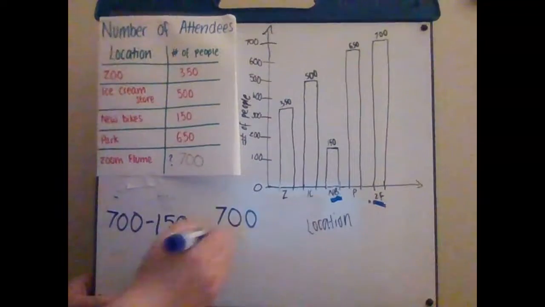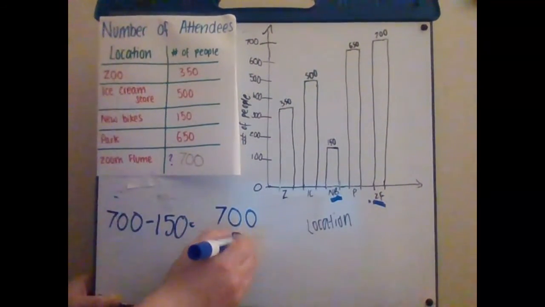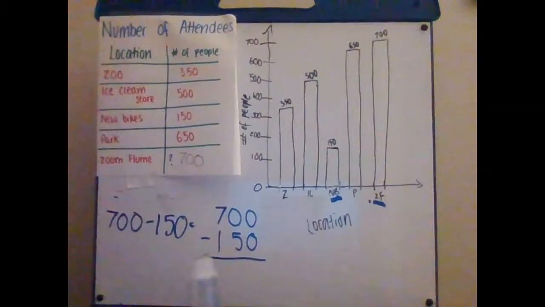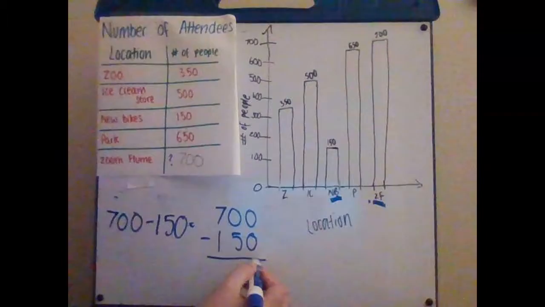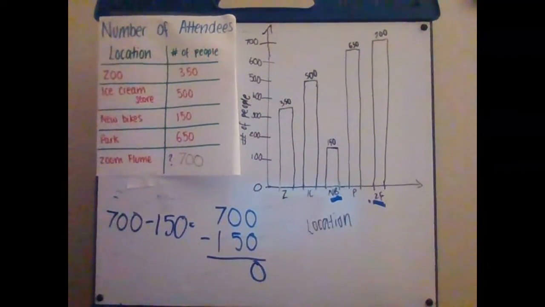700 take away 150. Okay, I need your help. 0 take away 0 is 0, I hope. 0 take away 5 is... I hope you're all screaming at your computer or your tablet or your phone or whatever your device is, and you're saying, Miss Paige, you're so silly. You can't do 0 take away 5.